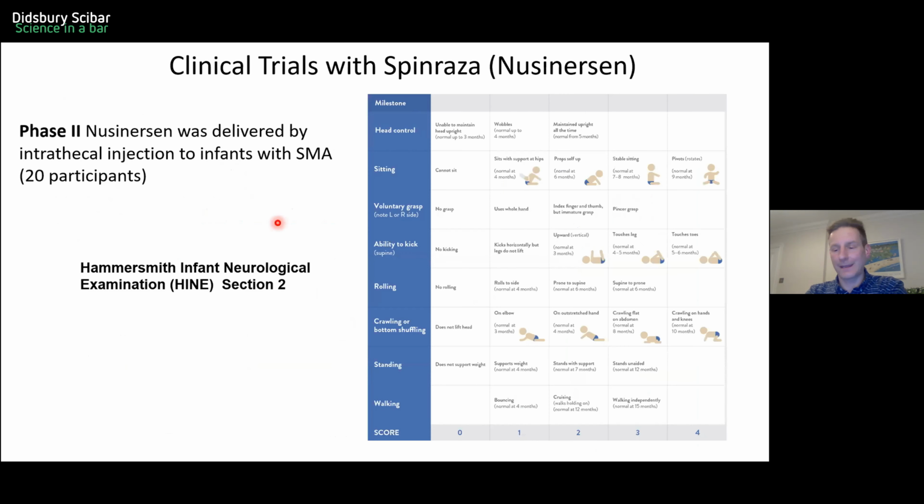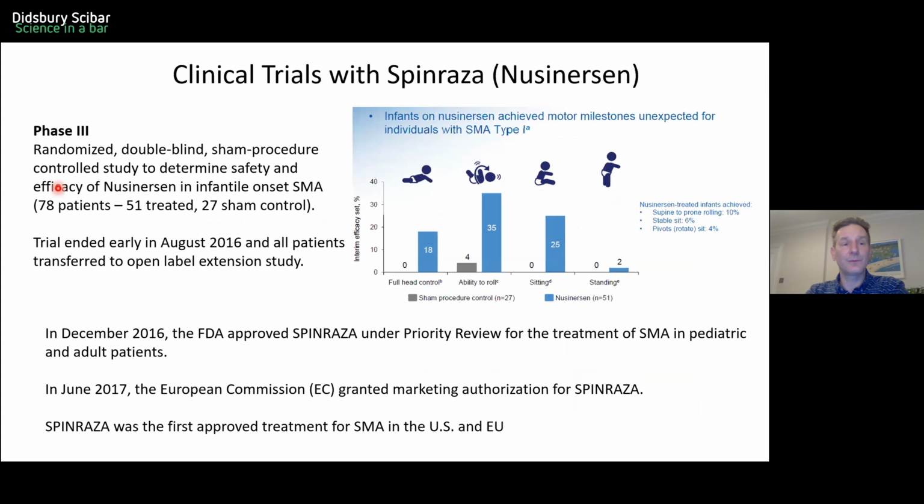Then in phase 3, when they did a randomized, double-blind, completely controlled experiment, the patients who got this DNA oligonucleotide to change splicing had greatly improved ability to move and met all the milestones way before they were supposed to with SMA, compared to the controls. It worked so well that the trial was ended early, and all the control patients who weren't getting the drug got the drug.